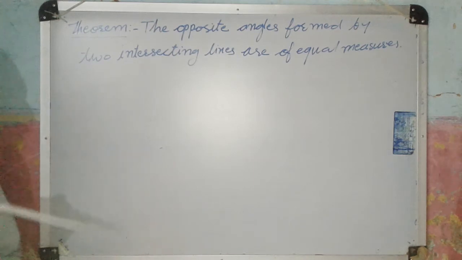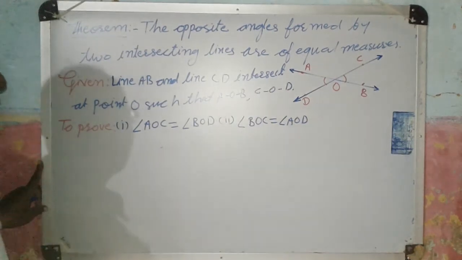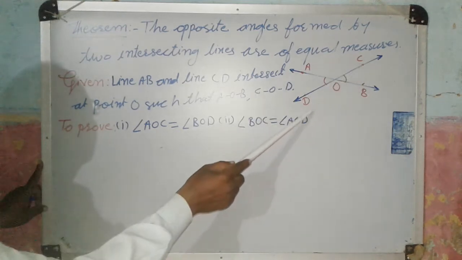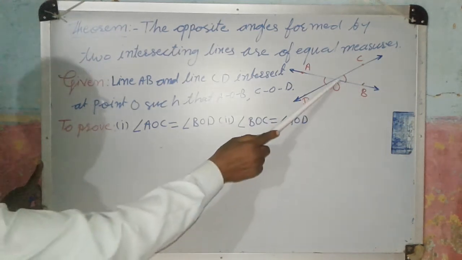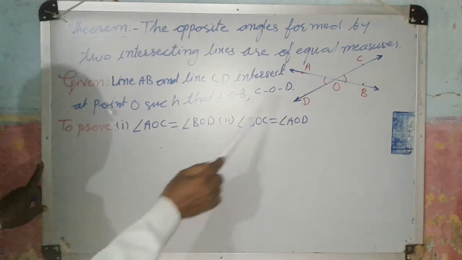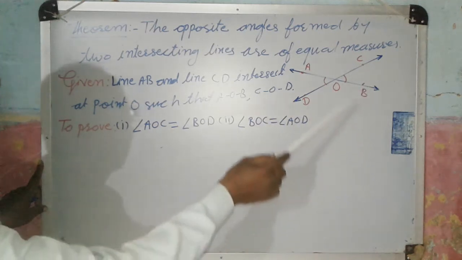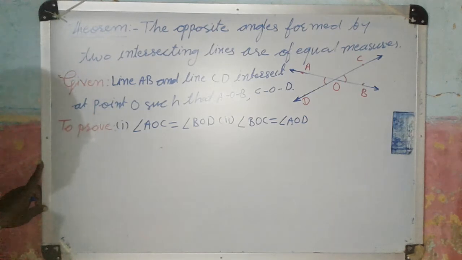Now we will prove this theorem. Here two intersecting lines, line AB and line CD, intersect at point O. O is between A and B, and also between C and D. O is the point of intersection.